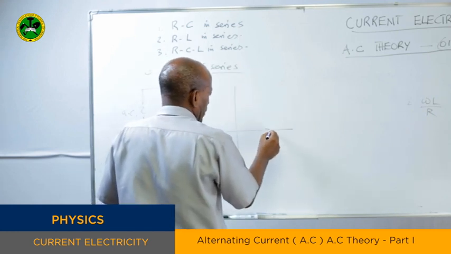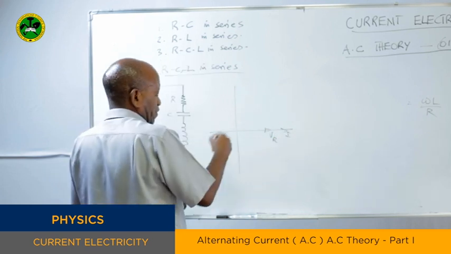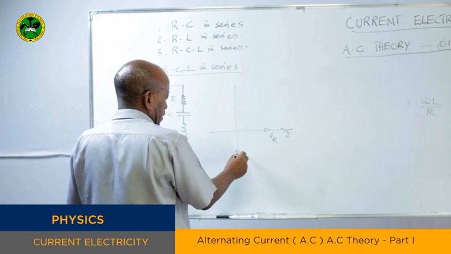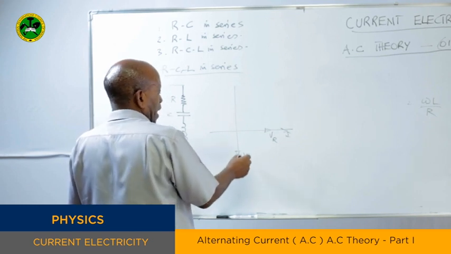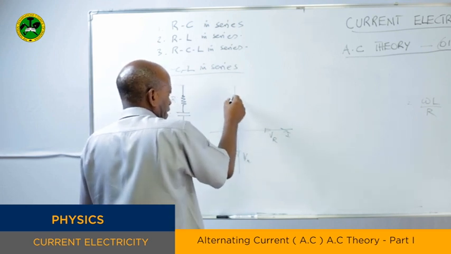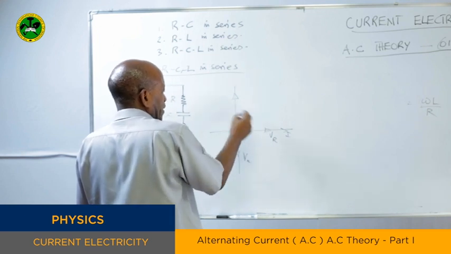We have the voltage through the resistor and the current just in phase, but the voltage through the capacitor is taken in this particular direction, lagging the voltage through the resistor. The voltage through an inductor leads the voltage through the resistor by 90 degrees.